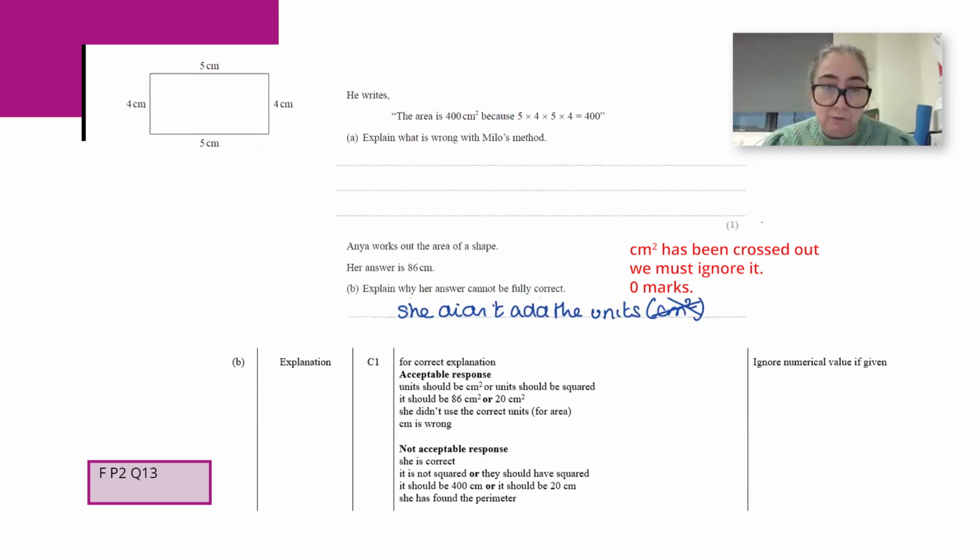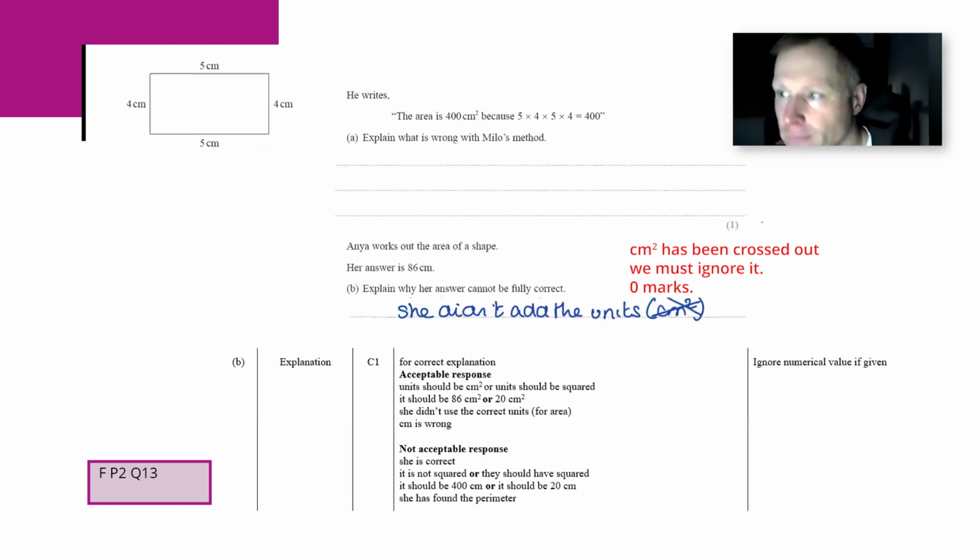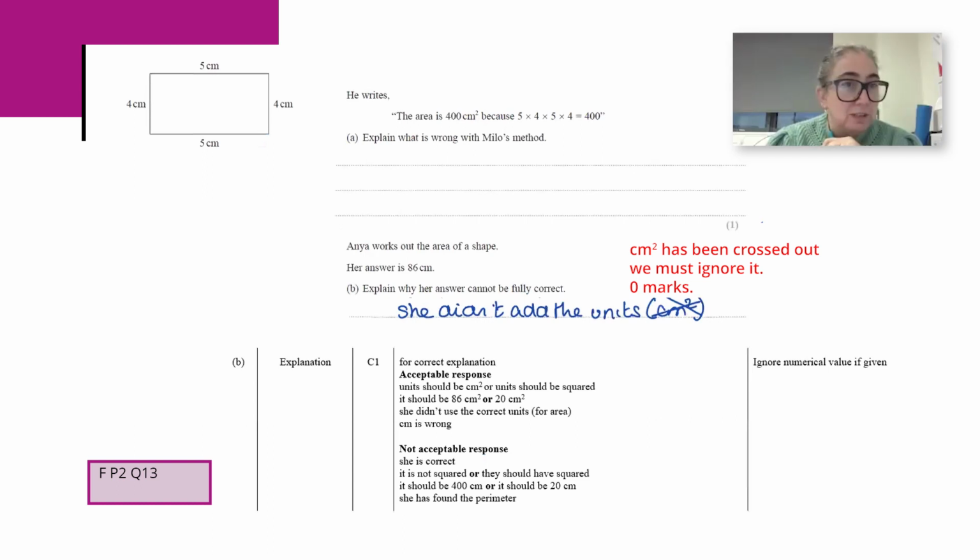So they were 0. And it's the same with students. We will tell students, do not cross anything out. Let the marker make the call, unless you're 110% sure it's correct. Let the examiner be able to award you credit for the work that you've put in, which means you do not cross stuff out.